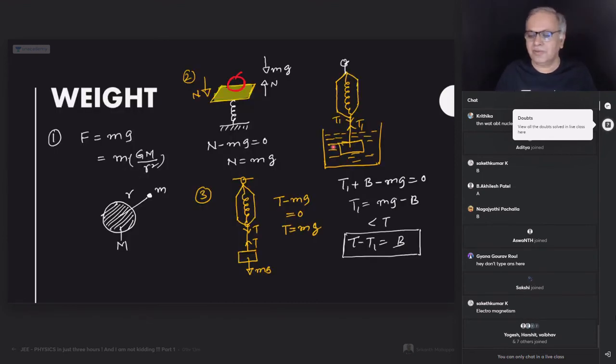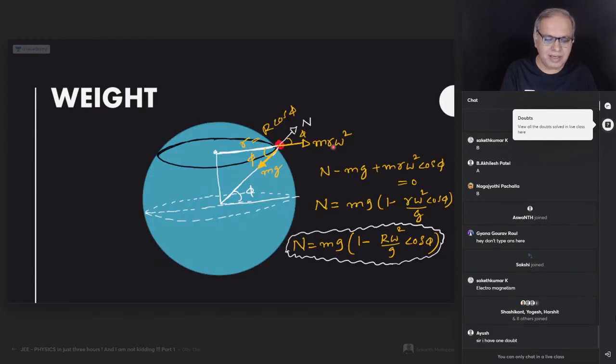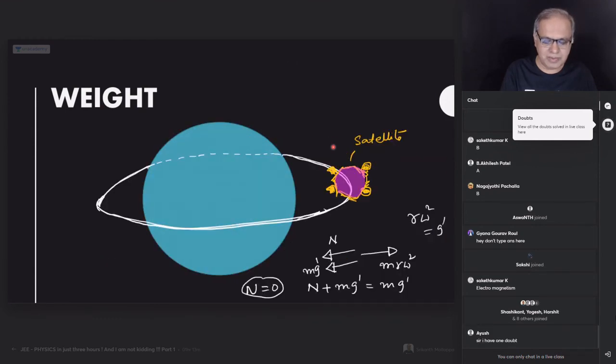But now we will be dealing with only a few forces, children. I'll show you what kind of forces we deal with and come back. Weight we deal with, right?